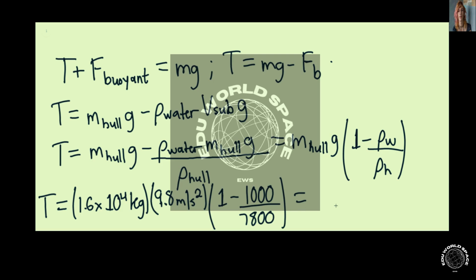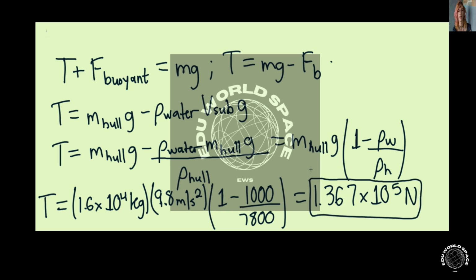And we find that the tension in the cable is going to be 1.367 times 10 to the fifth newtons. So this is when a good percentage of the hull's volume is underwater. And this would be the answer for part A.